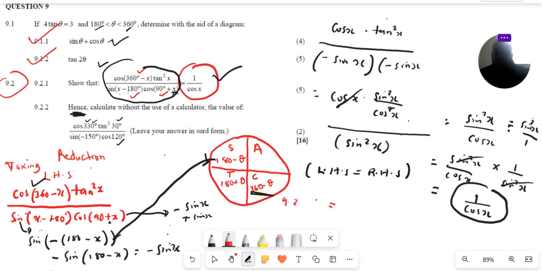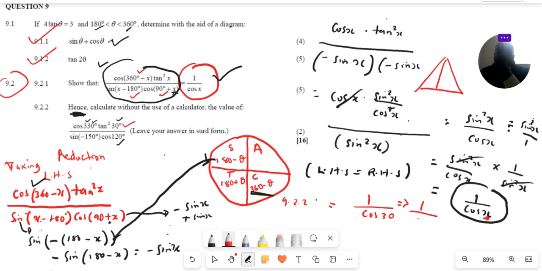You just substitute in the answer that you've got. This is 9.2.2. You just substitute by saying 1 over cos of 30, because I've realized that x is 30. And what is cos of 30? We know that cos of 30 is adjacent over hypotenuse, when we have this kind of triangle here.